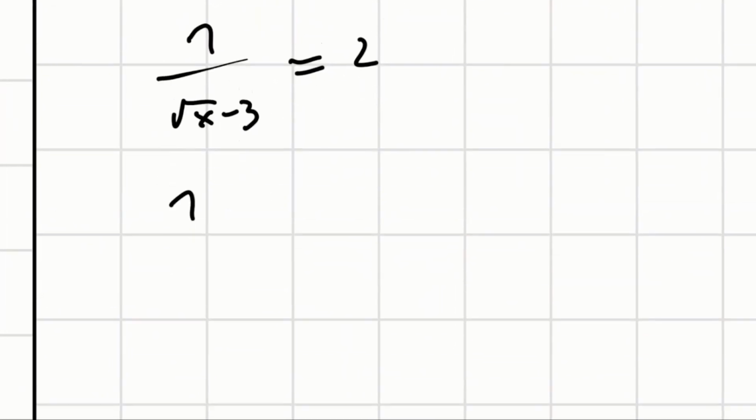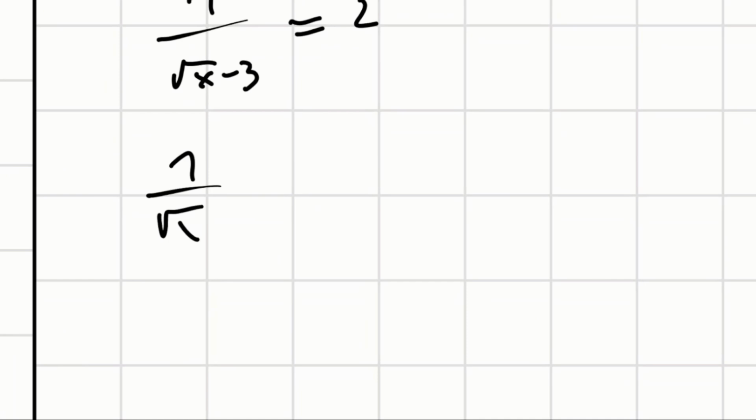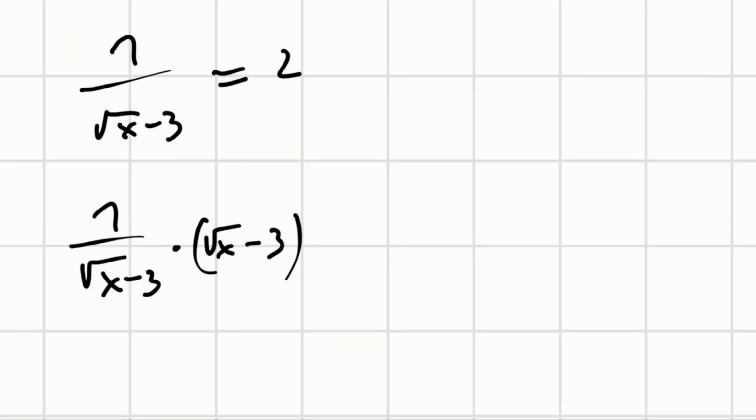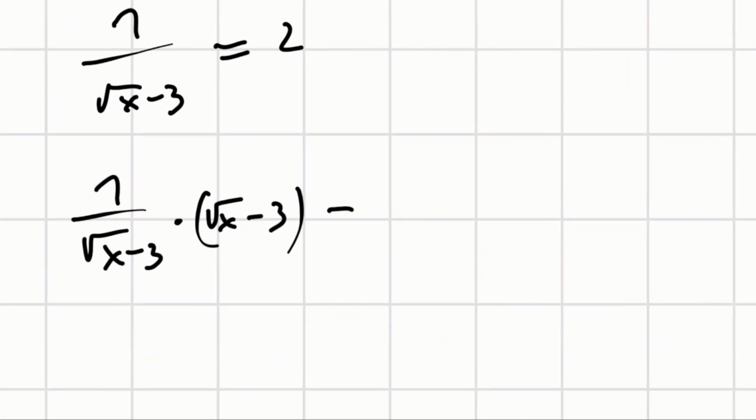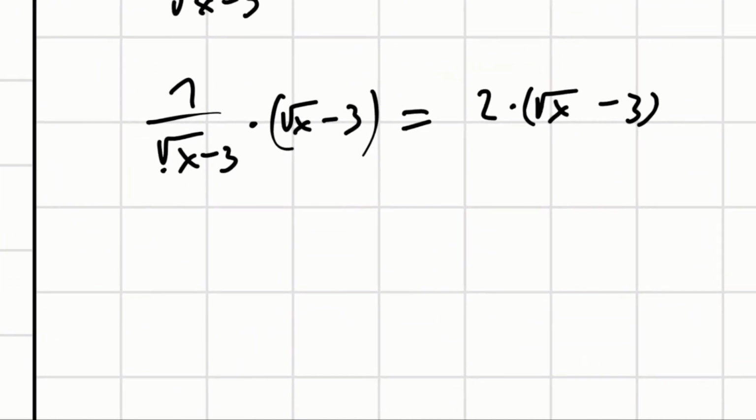So we're just going to say this is minus 3 times square root of x minus 3, equals, we have to do the same thing on the other side, minus 3. Since this and this just disappear, we get 1 equals 2 times square root of x minus 6.